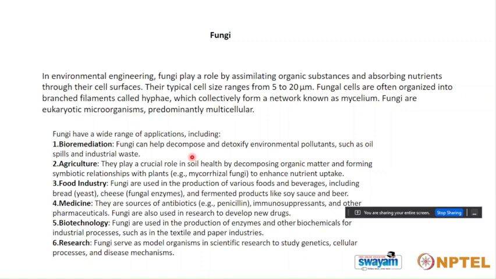The enzymes derived from fungi are also used in industries like textile and paper industries. And fungi are also used as model organisms. Since fungi are eukaryotic organisms, we can correlate them with human systems. So they are used as model organisms specifically to study the genetics and cellular processes associated with different diseases. In this way fungi are useful.